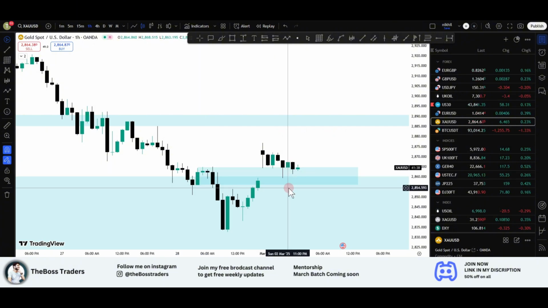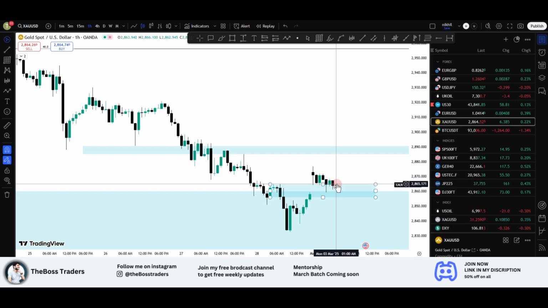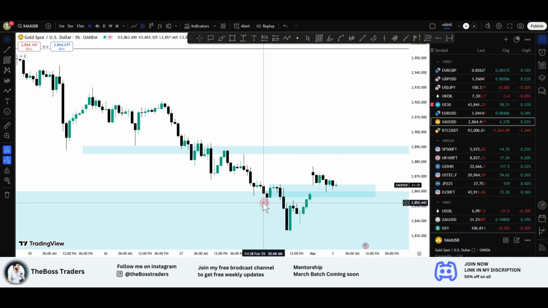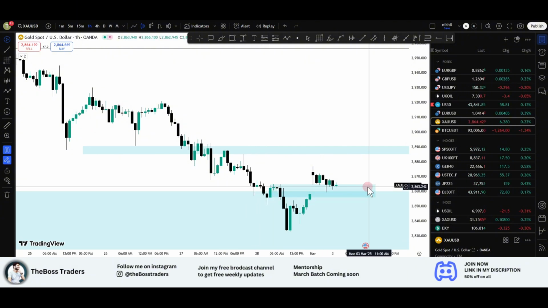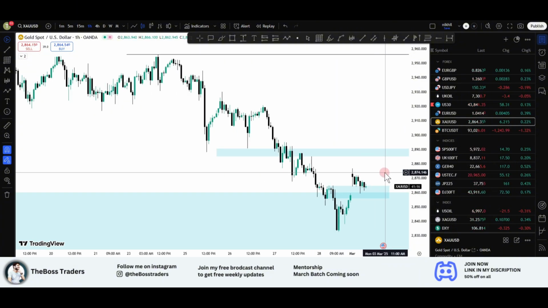That means we already have a change in state of delivery. If I want to go long, I can go long right now with this low as my stop loss, or the breaker low as my stop loss, and target this daily fair value gap. And after that, look at the reaction, what happens once the price reaches this daily gap.